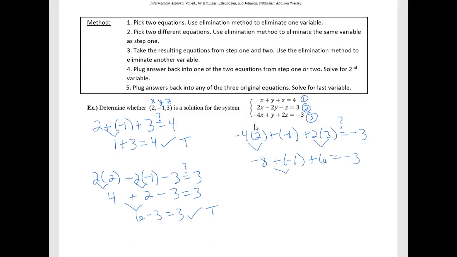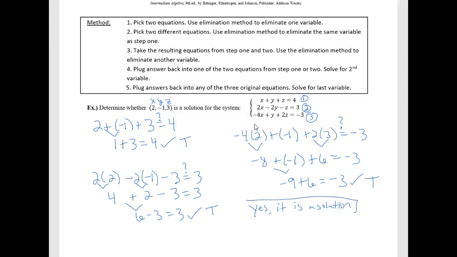Going left to right, -8 plus 1 is -9 plus 6. Will that equal -3? Yes, it does. That is also true. Since when I plugged in that ordered triplet to all three of the equations, they ended up with true statements, yes, it is a solution.